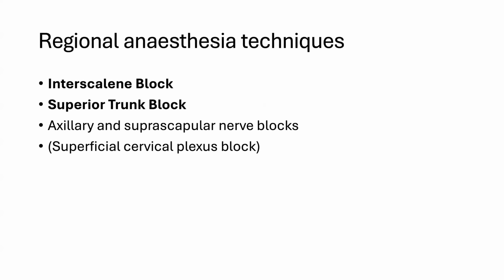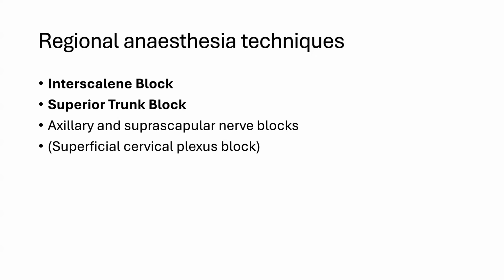All right, so regional anesthetic techniques that one can institute for shoulder surgery: interscalene block and the superior trunk block. So the interscalene block is widely used by many anesthetists in practice.